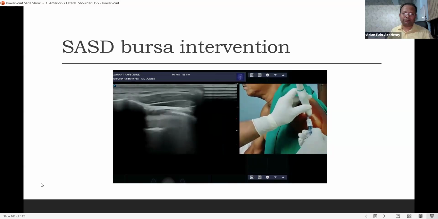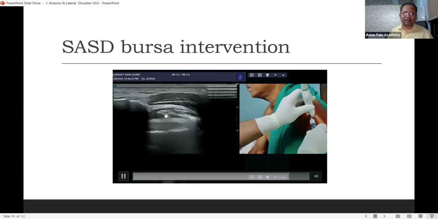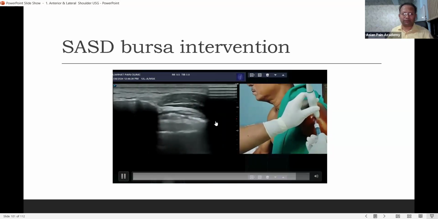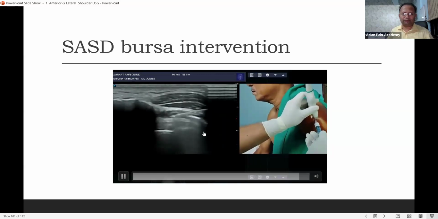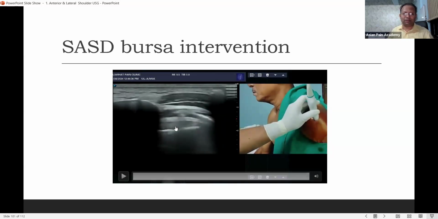Okay, so I've given some amount here, and these are all depot drugs. I've given the whole amount, and this is the classical bursal plane injection. Both the muscles are separated.